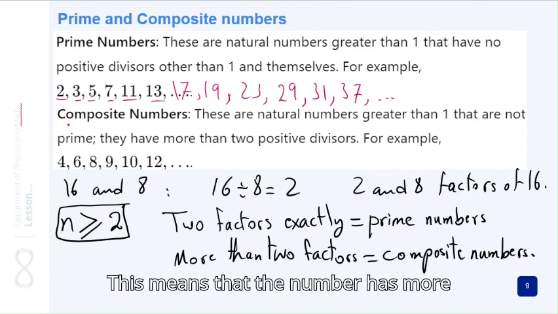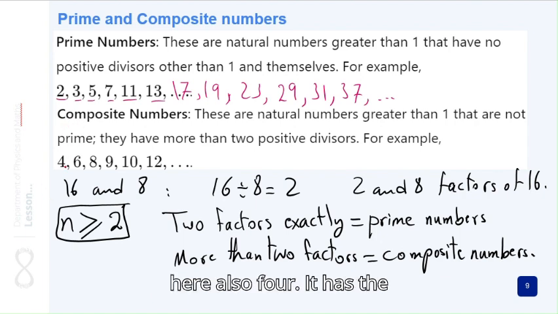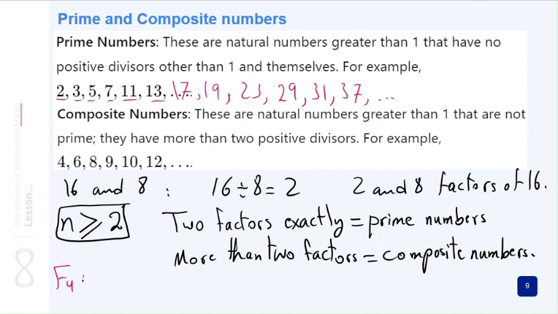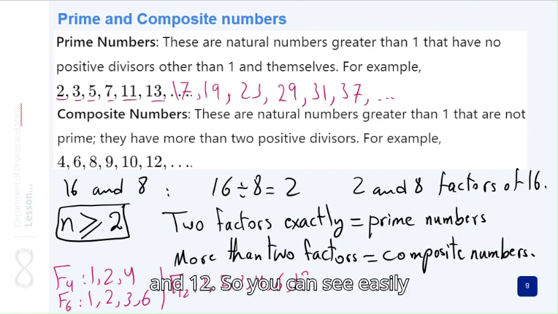This means that the number has more than 2 factors, like what you see here also. 4 has the factors 1, 2, 4. 6 has the factors 1, 2, 3, 6. 12, for example, has the factors 1, 2, 3, 4, 6, and 12.